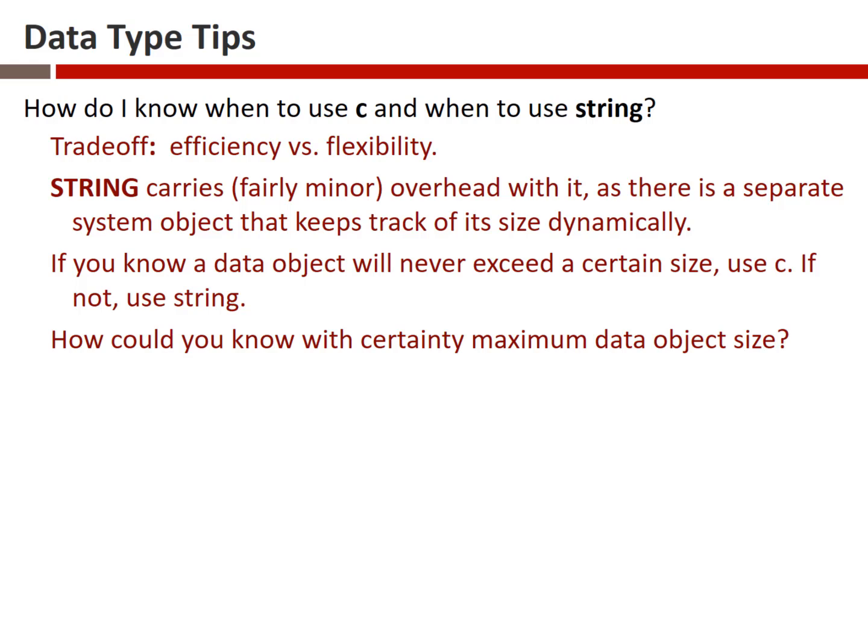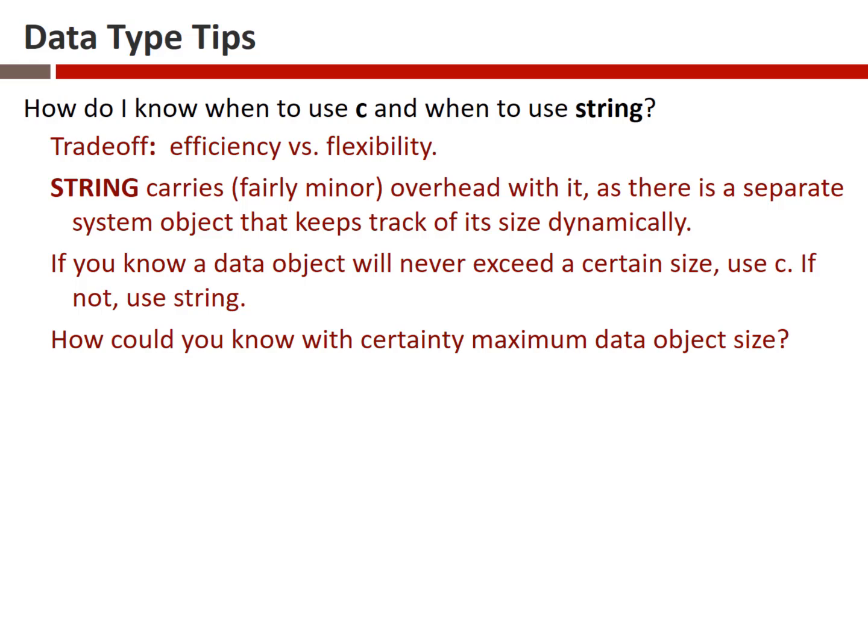So if we know, for example, that the database table is being used to store customer names, and the longest possible last name the table will accommodate is 40 characters long, then I can declare a C data type that's also 40 characters long to give me correspondence with data that's coming from the database or going into the database table.